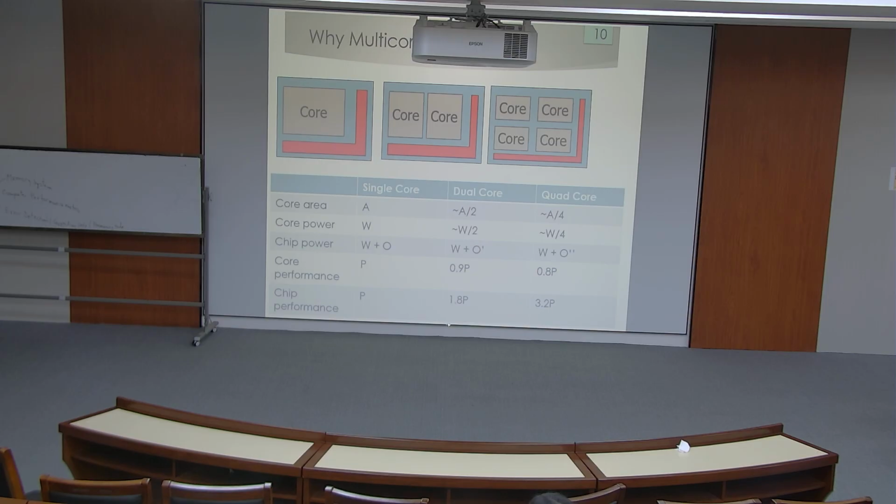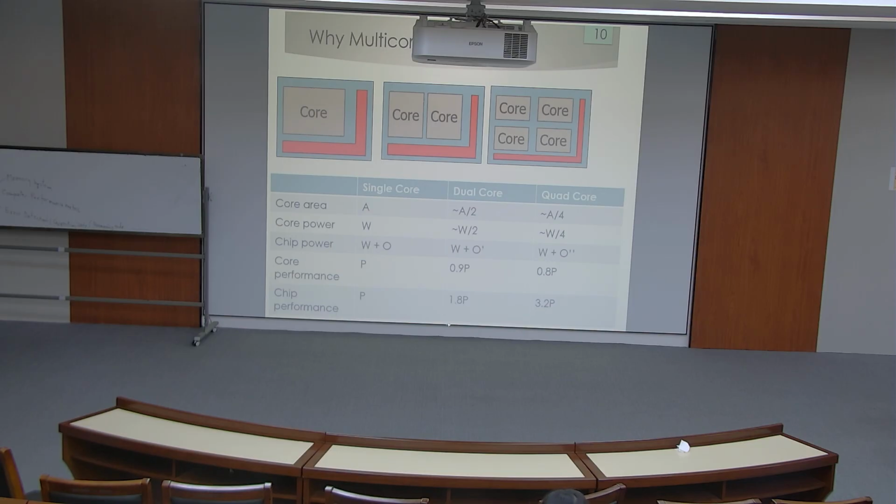The performance of each core decreases because there is overhead communication or resource sharing. They need to share the same resources.